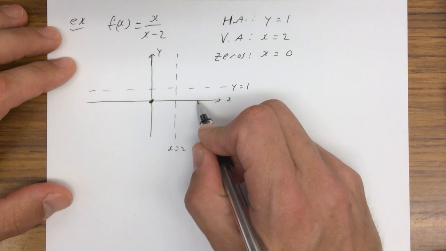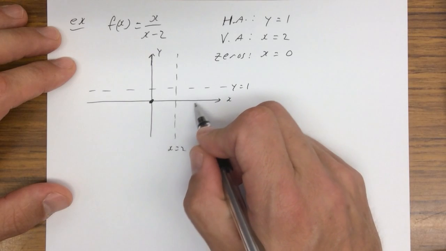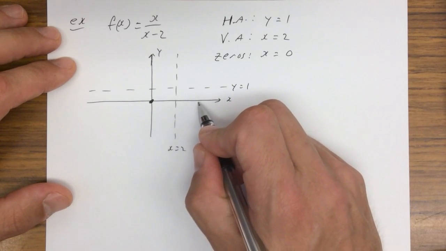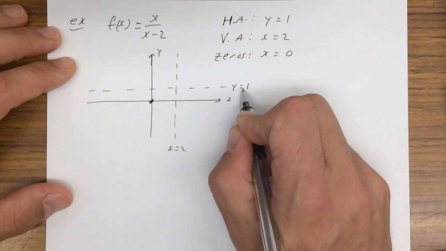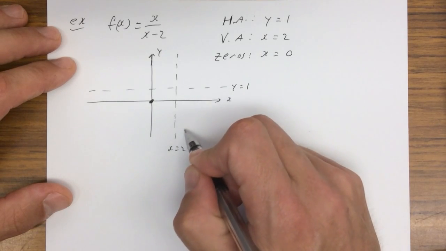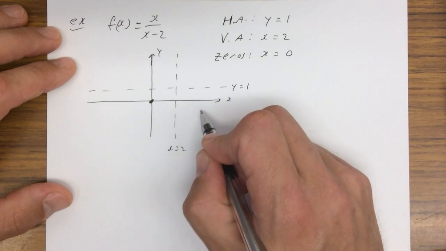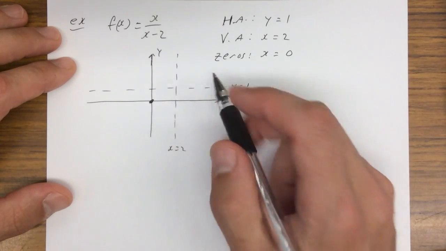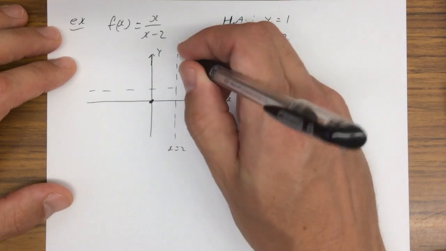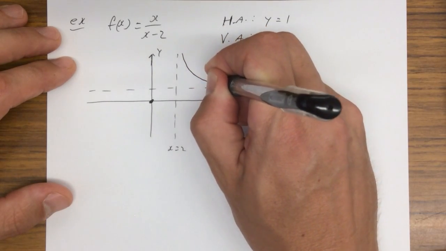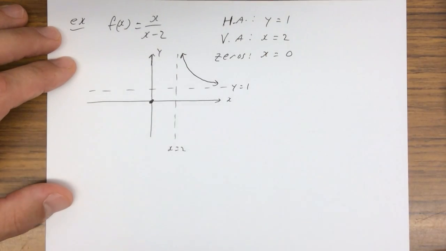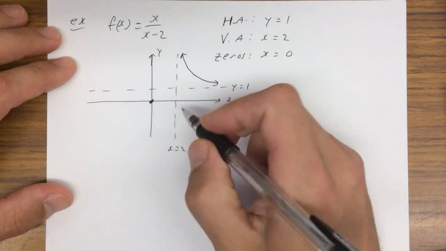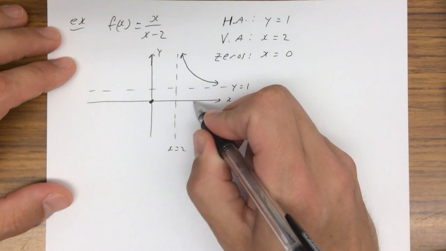So it's pretty much guaranteed that it's not down here, because it would have to come up and approach this as x gets really large. And in order to approach this, it must go through the x-axis. And we don't have any more zeros. So that's impossible, which leaves us with this by process of elimination. If you try any other option, it will have to go through the x-axis.